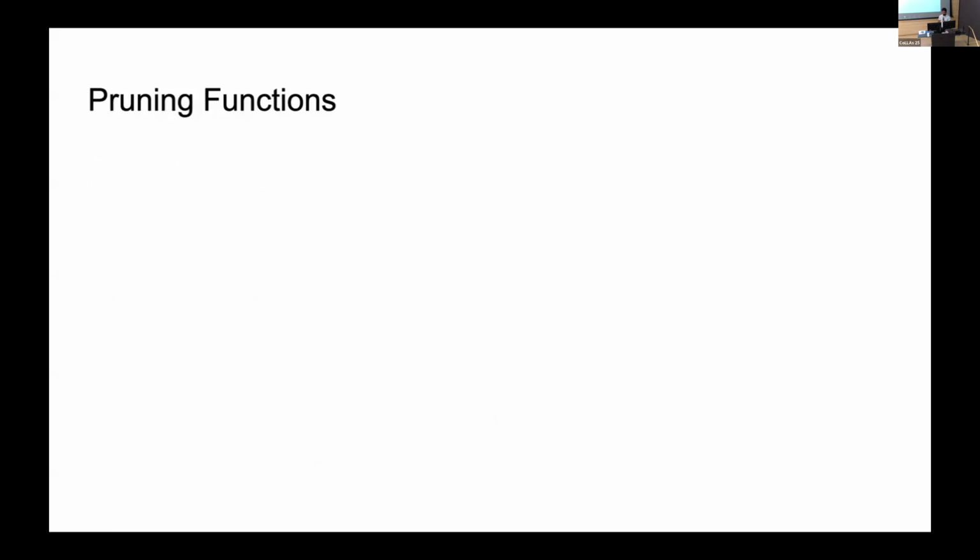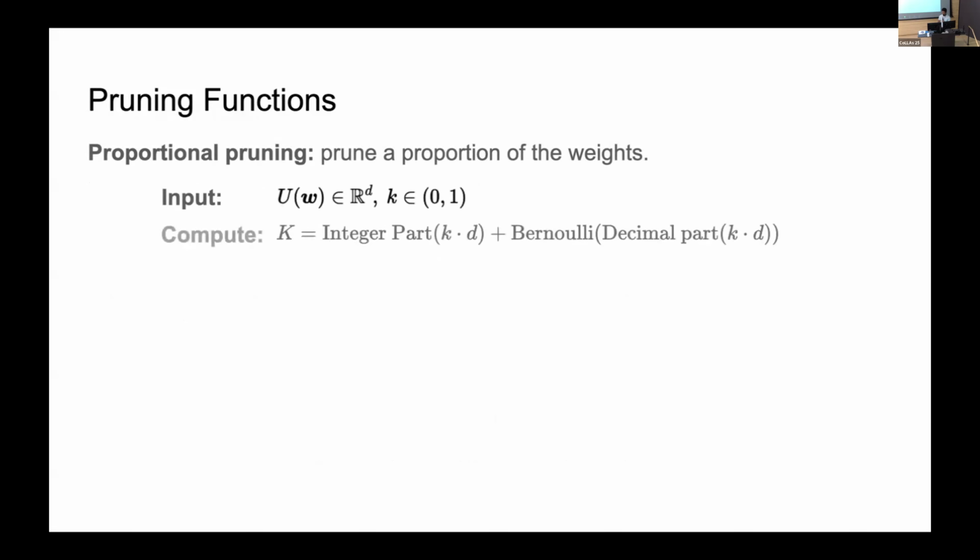Now, if you want to design pruning functions, there are a couple of possibilities. First is proportional pruning, where you prune a proportion of the weights. For example, you have these weights that are sampled from some distribution U, and then you have this hyperparameter K that's the proportion of weights that you're going to reset. So if it's 0.1, then you're resetting 10% of the weights.